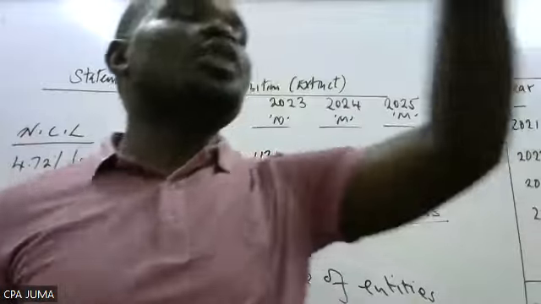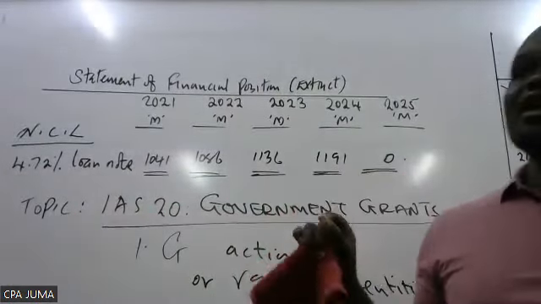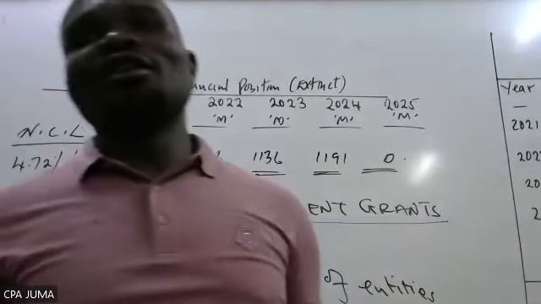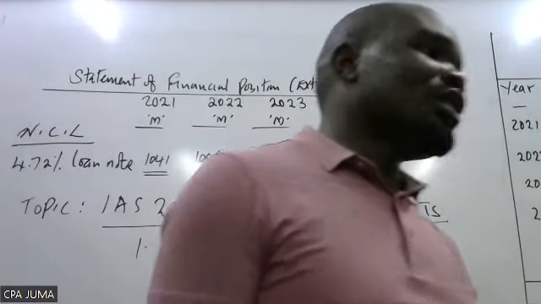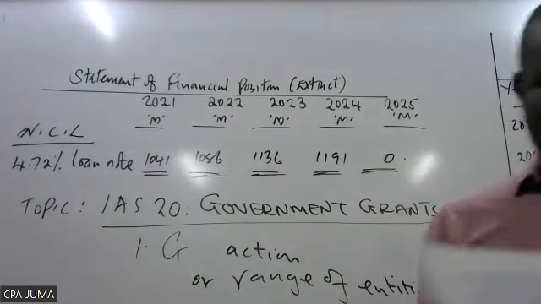So the main distinction between government assistance and government grant is that assistance is always without conditions. This other one is always conditional upon you satisfying some conditions.